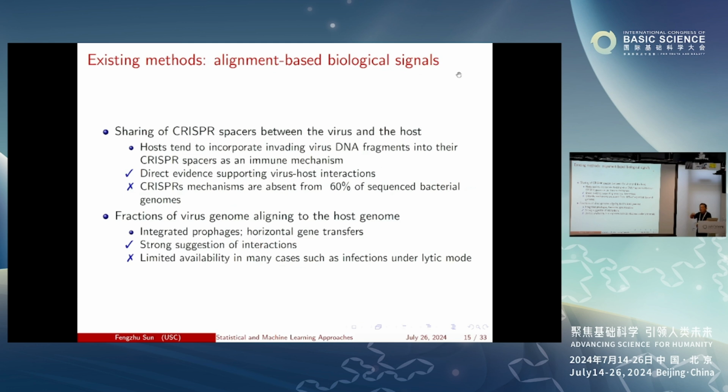The reason is they live in the same environment. There is some horizontal gene transfer between them. They more easily exchange genetic material. So if there is some alignment between them, then that indicates interaction. Both of them have some sharing information there.